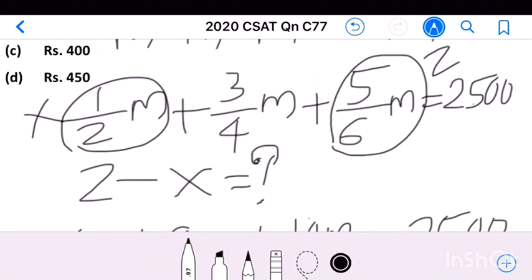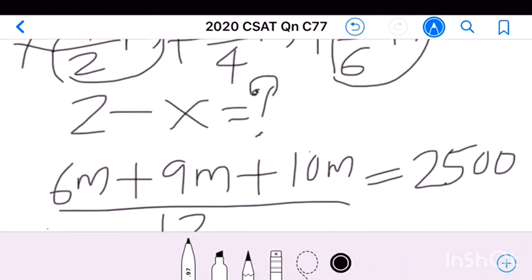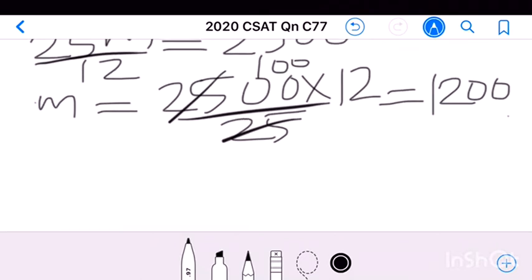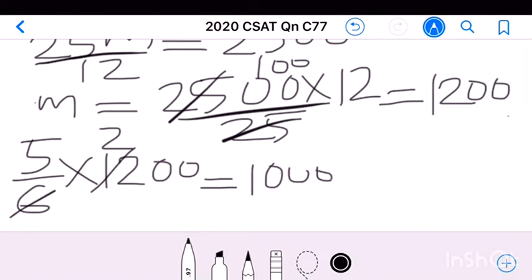Then the share of z equals 5 by 6 into m, with m equal to 1200. 2 6s are 12, 2 into 5 into 200, we get 1000. This is the share of z.